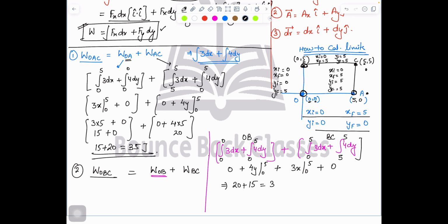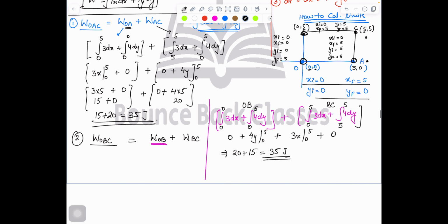So the result is 35 joule. So guys, if you even solve the last part, you will get the same result, 35. So from this one, you can say easily WOAC is equal to WOBC. Similarly, WOC. All have the same result, which is 35 joule.